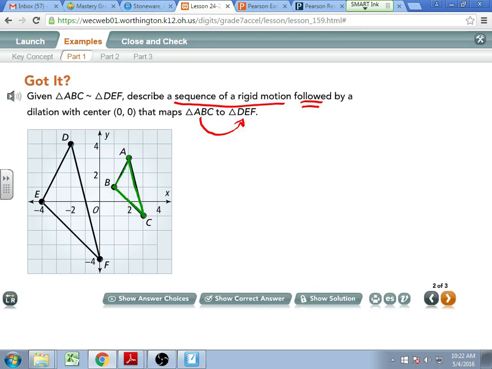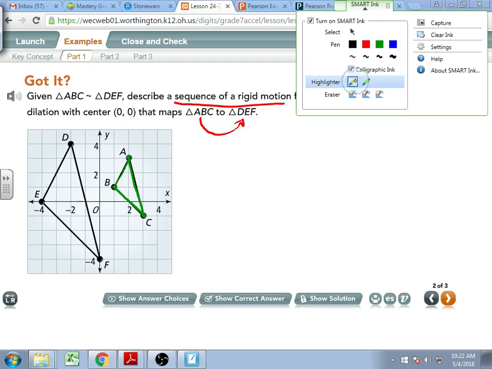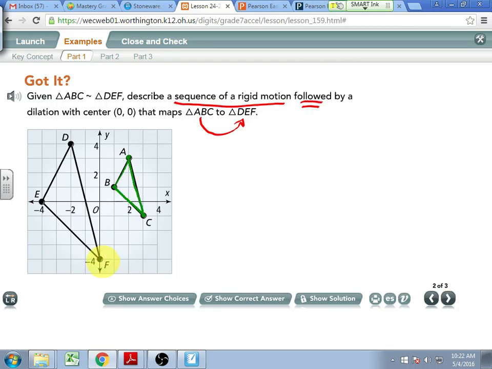And I'll go ahead and even give the hint. What point in our image, our final figure, is a good point to work from? Especially if we think about working backwards. Shahib? Why F? Because if you were to make a ray from C to F, it would connect.